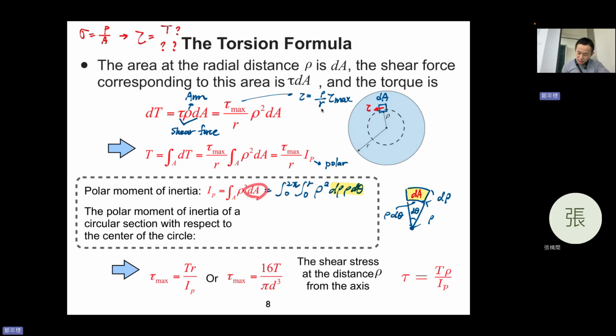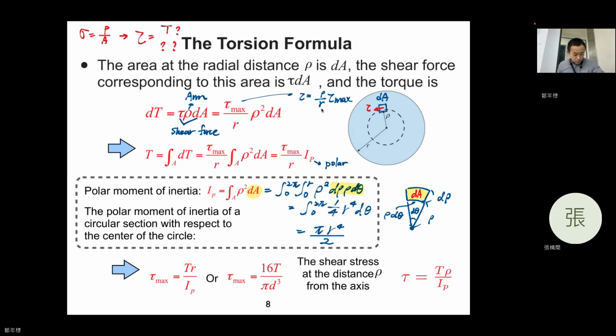We just write down dA here. dA becomes d rho d theta, and then you can do the integration based on what you learned in your first year. 0 to pi, 1/4 r^4 d theta, and equals pi r^4 over 4.